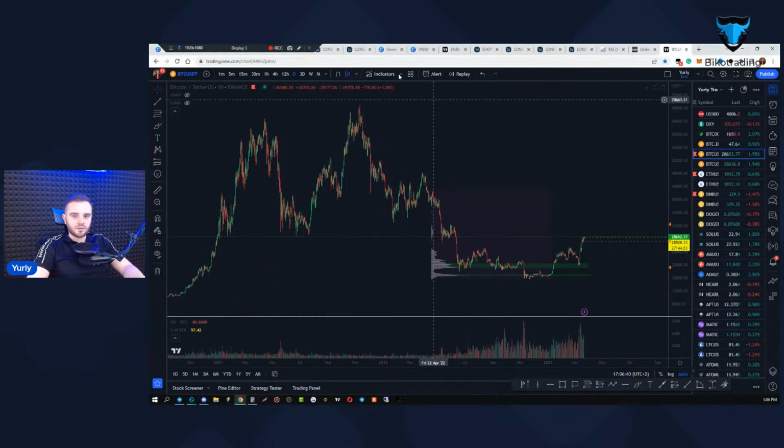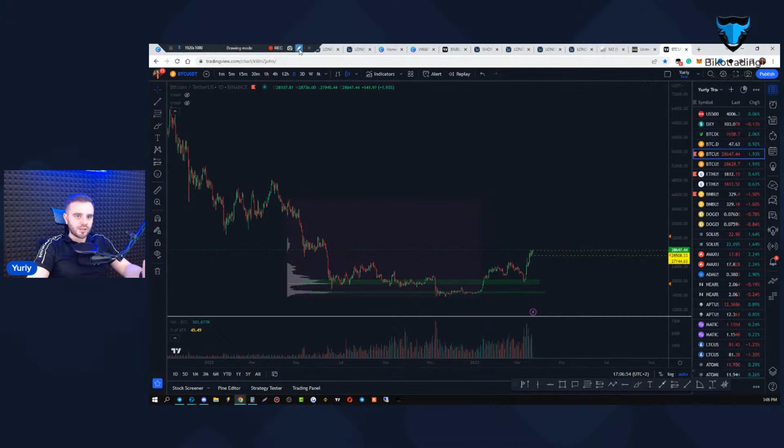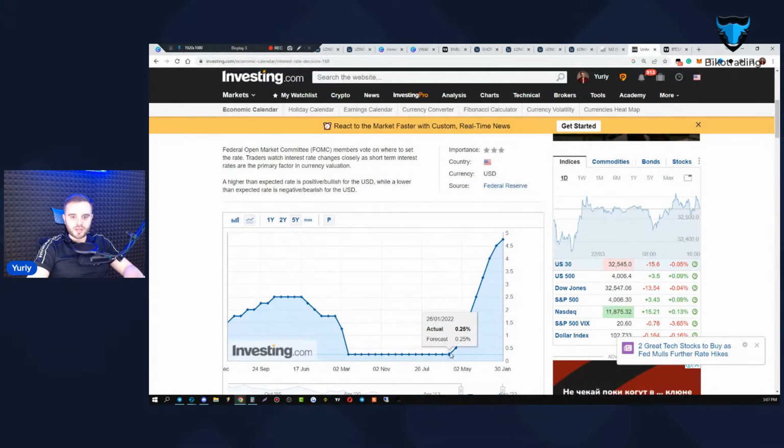When the Fed says, remember the Fed said in November that they would start raising interest rate, and have a look how the market dropped. That's why interest rate is really important. But interest rate is important only on a macro level, because they promised to increase interest rate in November, but actually they started raising interest rate only in the first month of 2022.